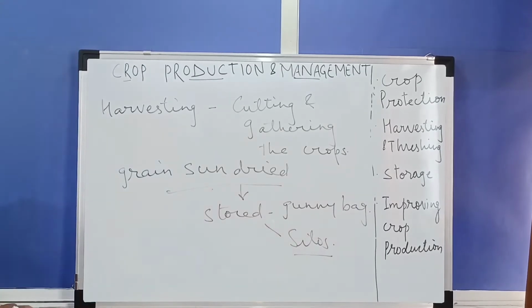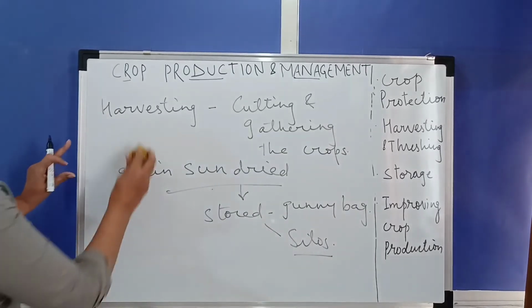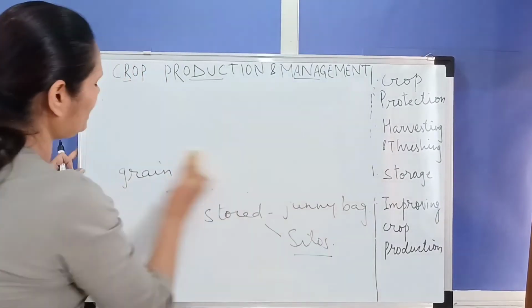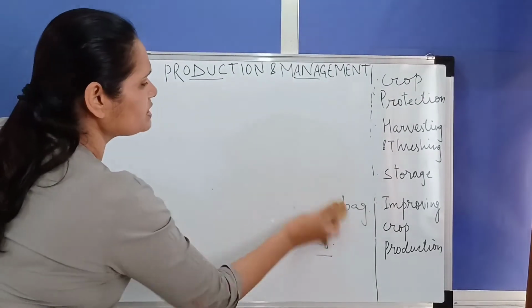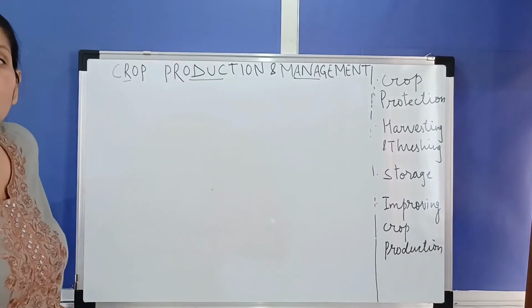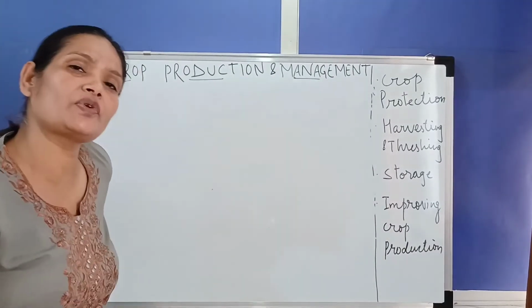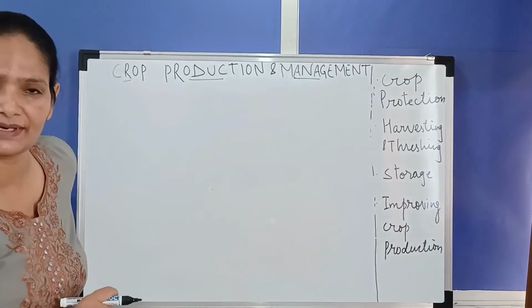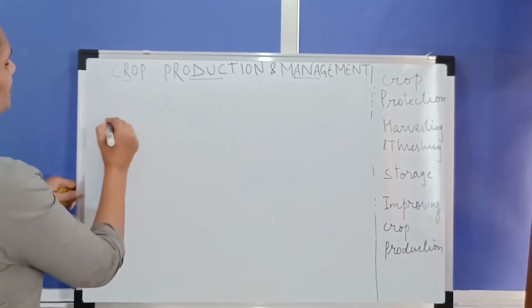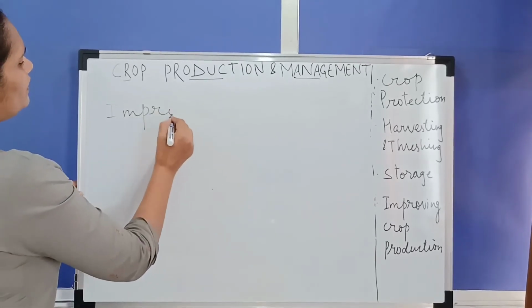Okay. Now as we have stored the grains, we'll again use those seeds for the crops, right? So what we need to do is, the crop production has to be improved. For that improved crop production, we need good seeds, right? Apart from using good seeds, there are certain other methods of improving the crop production. So what are they?